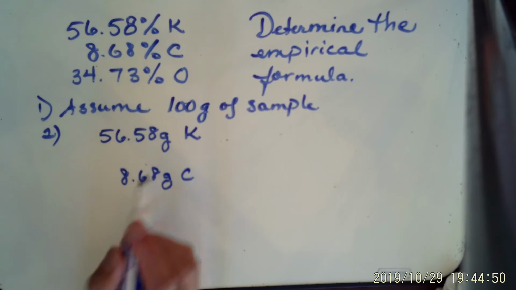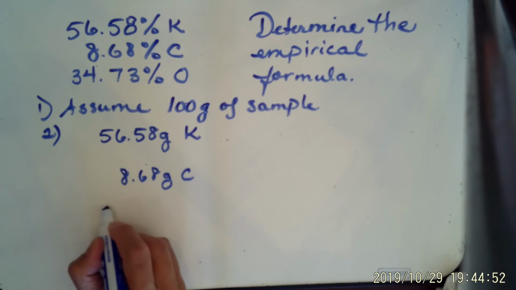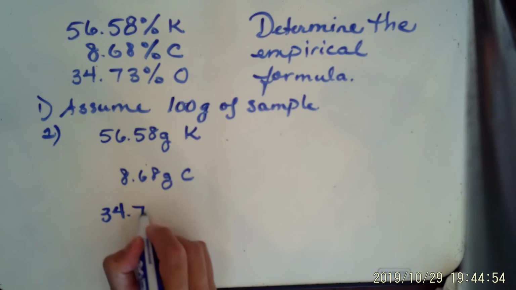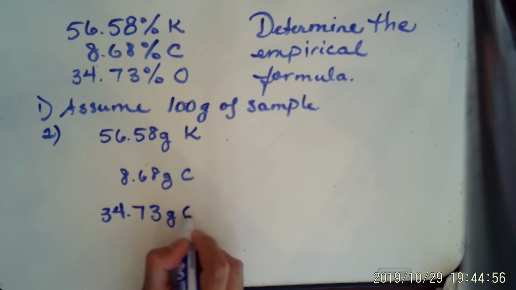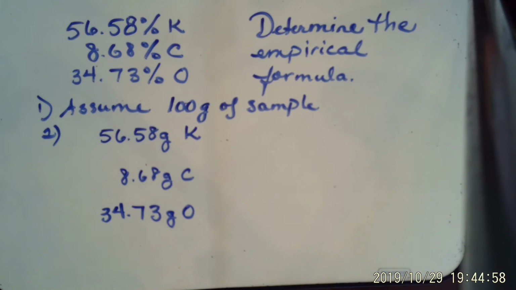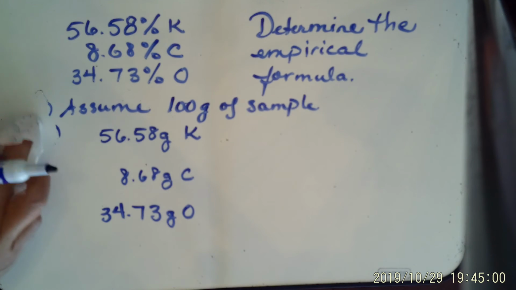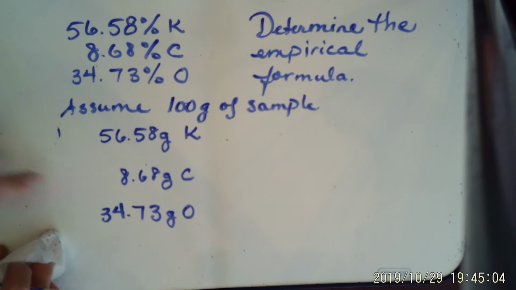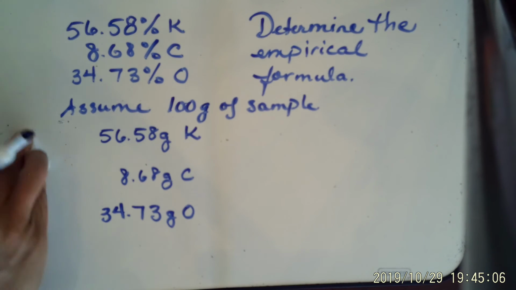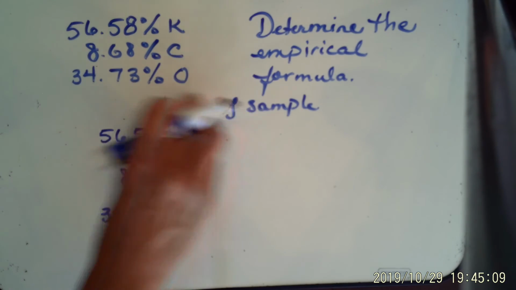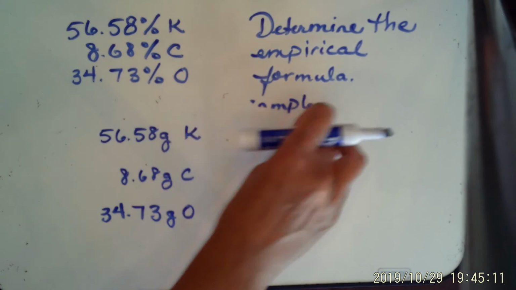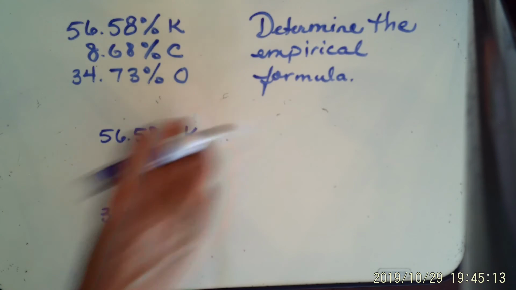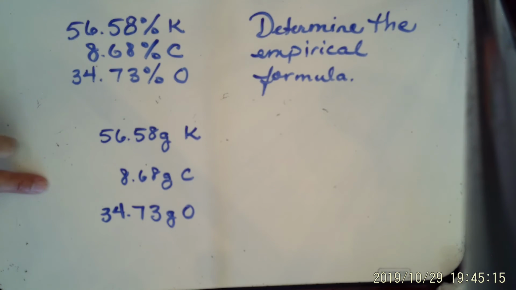And 34.73% oxygen is 34.73 grams of oxygen. That's all you have to do. When we assume 100 grams of sample, our percentages just become our masses. So we finished step 1, assuming it. Step 2, we convert to masses. Step 3 was to convert mass to moles.